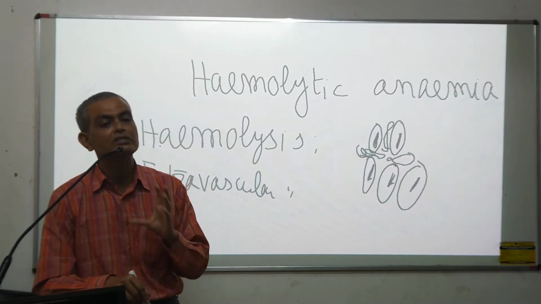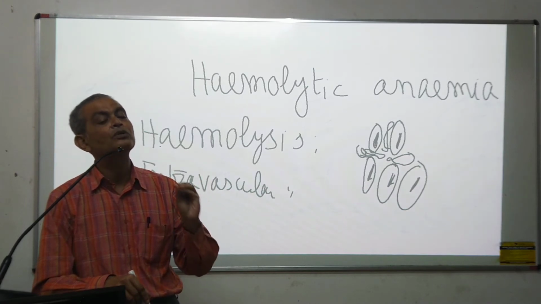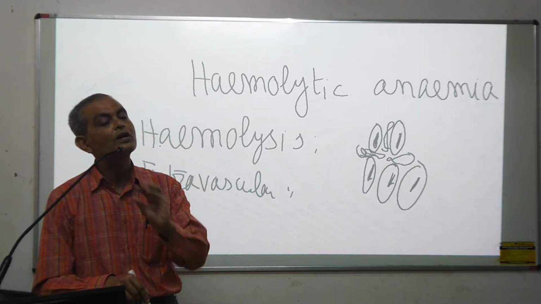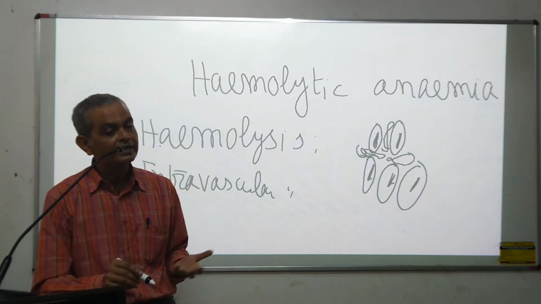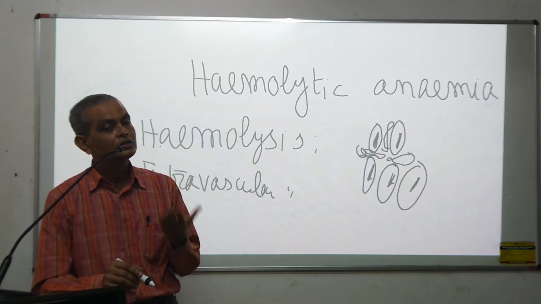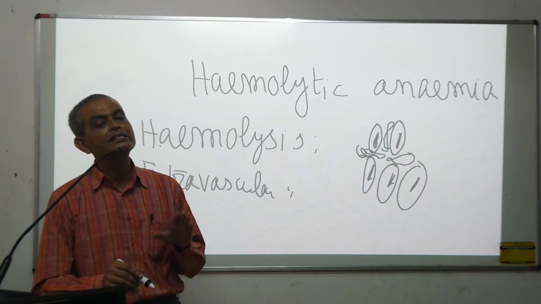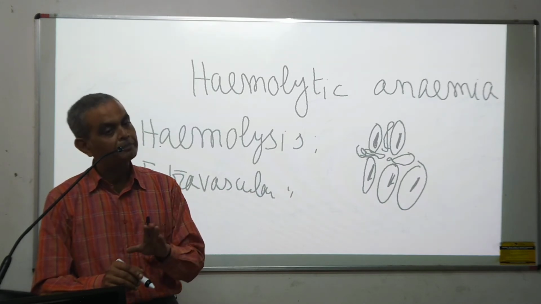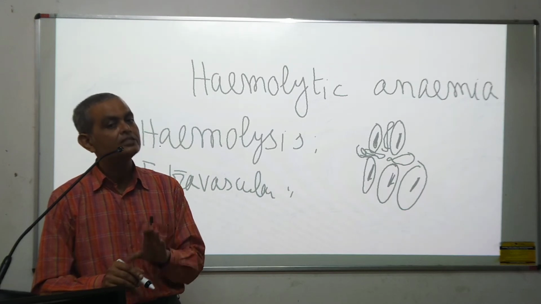Or suppose there are toxins like snake venom that contain direct hemolytic elements, which will destroy the RBC membrane. So they will be destroyed inside the circulation, and this is known as intravascular hemolysis. Again, extravascular hemolysis can be physiological or pathological, but intravascular hemolysis usually means it is pathological.